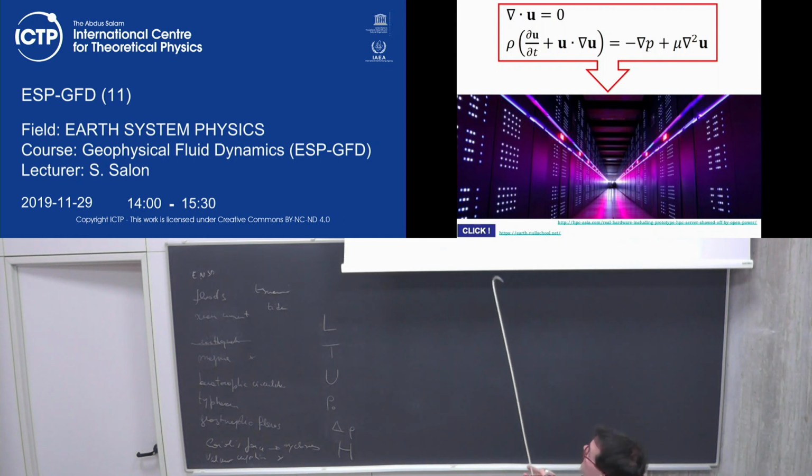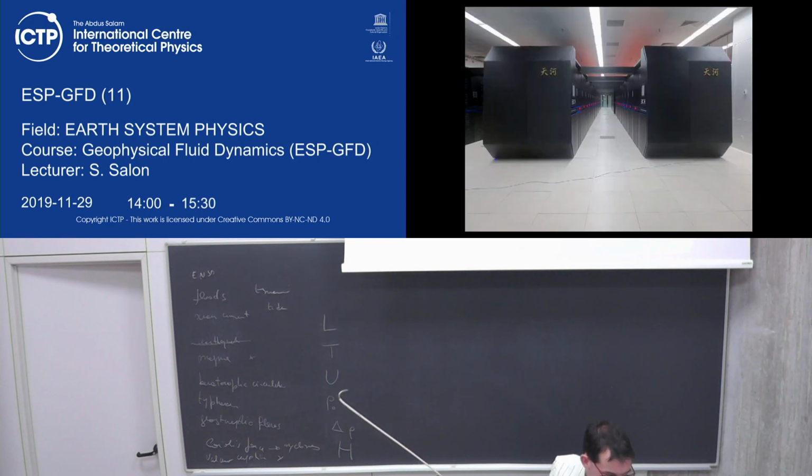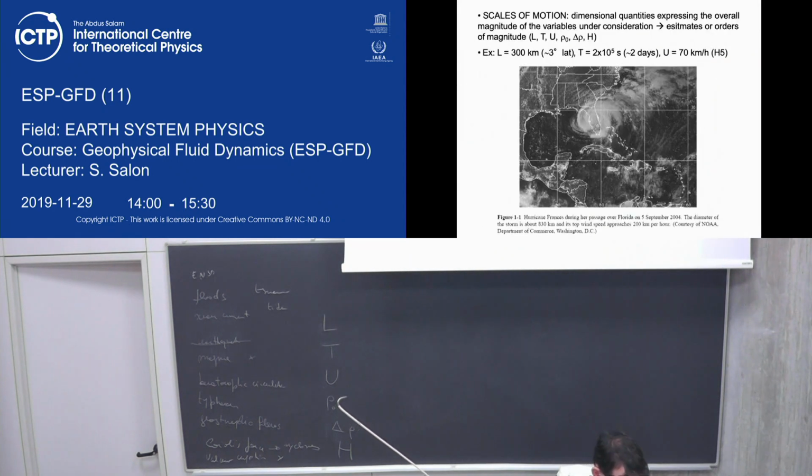If we are able to give numbers, scales of motion, to each of these, we will see that if one or two terms are too big or too small with respect to others, we can neglect them. And so our equation can be easier to solve.